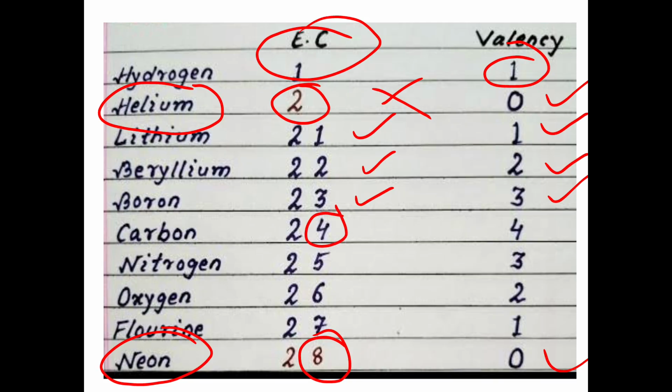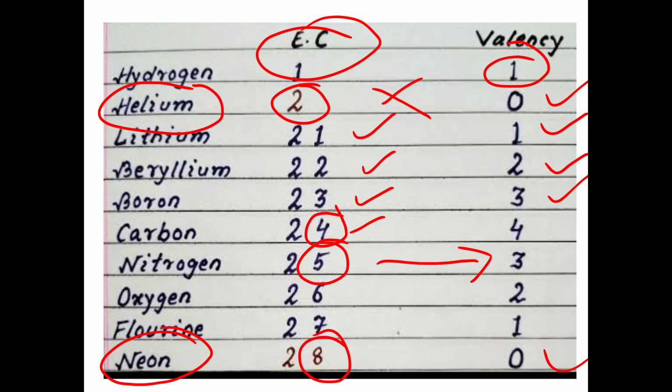But what's happening after the electron number is increasing above 4? What about the nitrogen? It is having 5 electrons in the outermost orbit. In that case, it is not donating the electron. See here, the valency is 3.